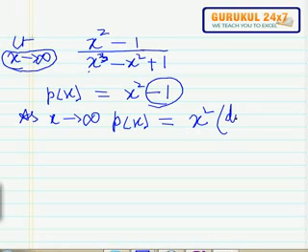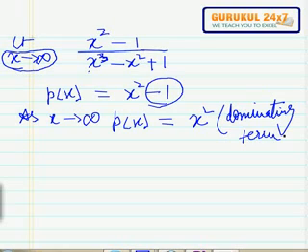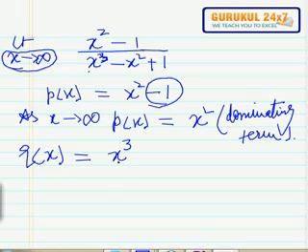This is called the dominating term. Now once we have this, we can apply the same to the denominator. The denominator we can write as q of x, and the higher degree term in that is x cubed.